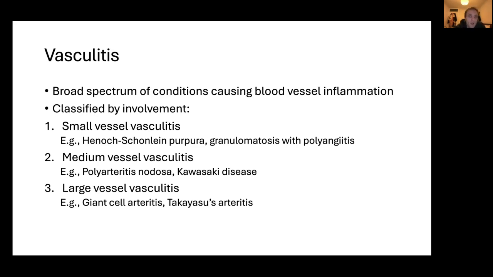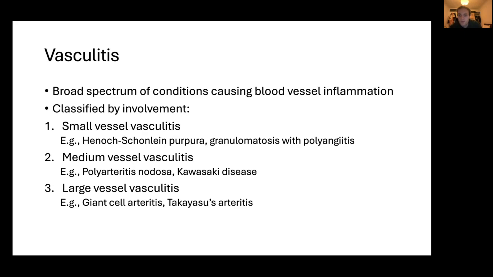So is it the small capillaries, which we tend to expect to affect someone's kidneys and the glomerulus, or is it the medium vessels which supply the smaller vessels, or is it the larger vessels such as the aorta and the branches of the aorta, which we see in some of those conditions there, GCA, giant cell arteritis, and Takayasu's arteritis.